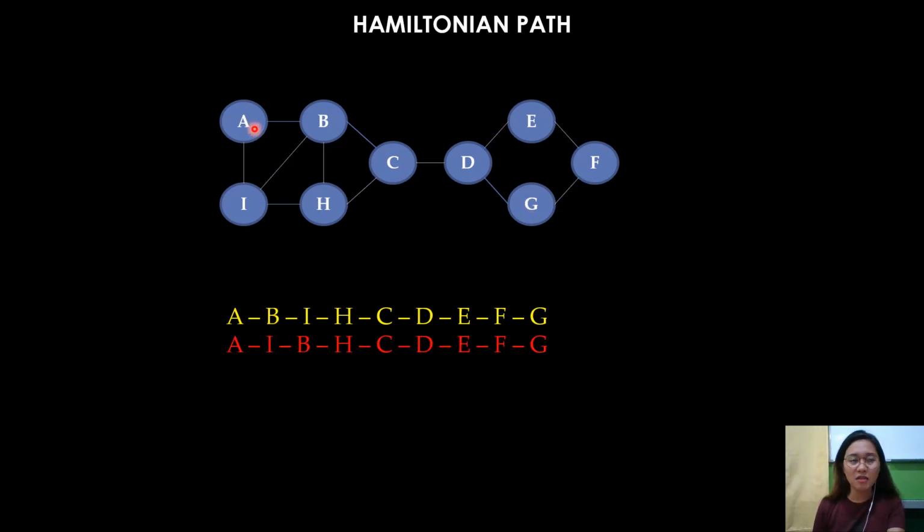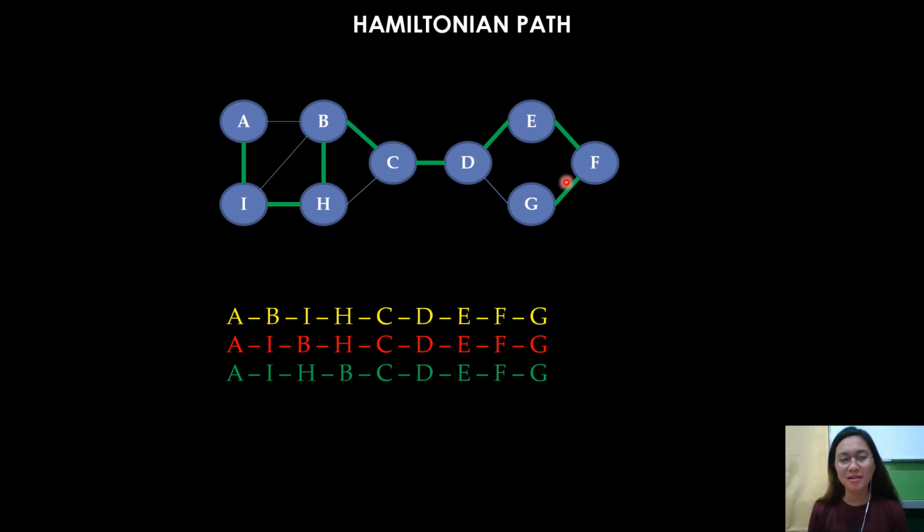We will start at vertex A, I, H, then go to B, going to C, going to D, going to E, going to F, and end with G. There are many paths that you can do in Hamiltonian path on this graph. The important thing in Hamiltonian path is that you must visit all the vertices of the graph exactly once.